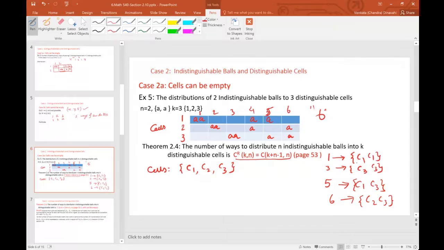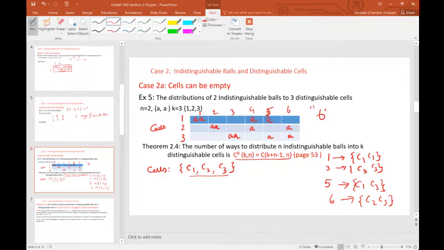So each distribution is simply a listing, for each ball, of the cell you are placing it into. That means each distribution, in this case, is simply selecting 2 members out of these 3 members, because the number of balls is 2.